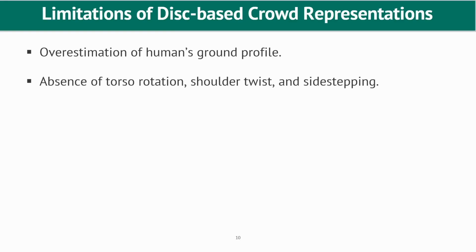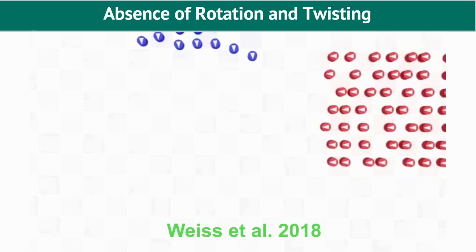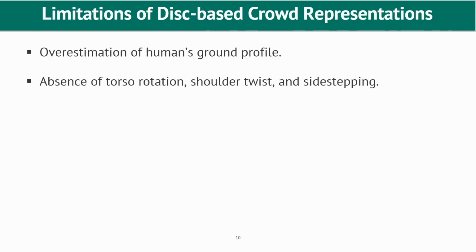For example, they overestimate the human's ground profile. So if we represent our torso profile with a disk, we are overestimating some space in front and back of us. Another limitation is the rotational symmetry of the disk: you cannot naturally incorporate rotation and twisting.